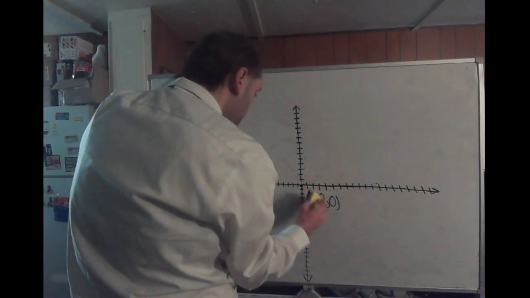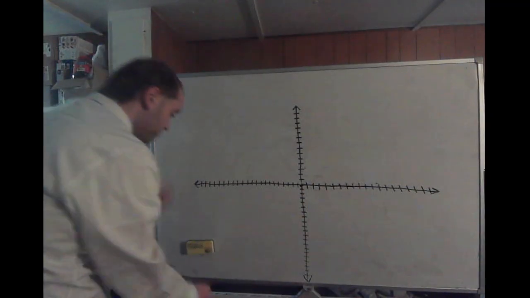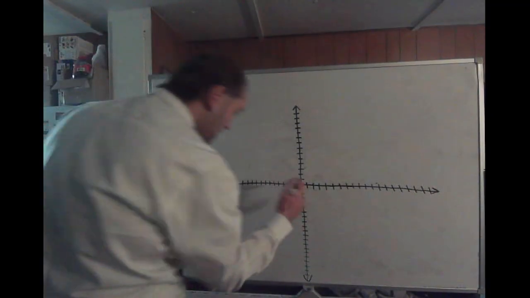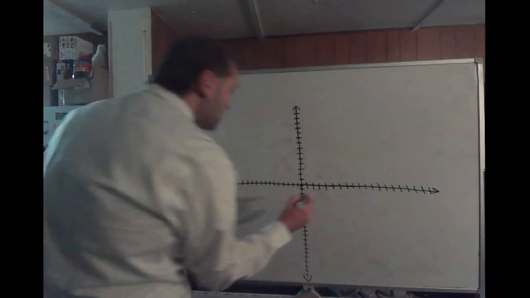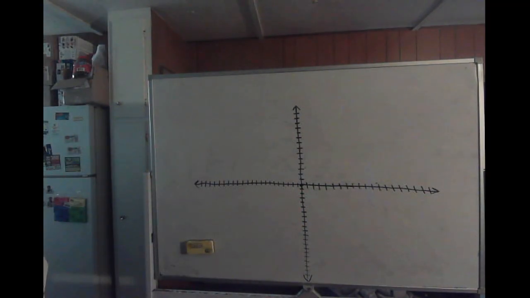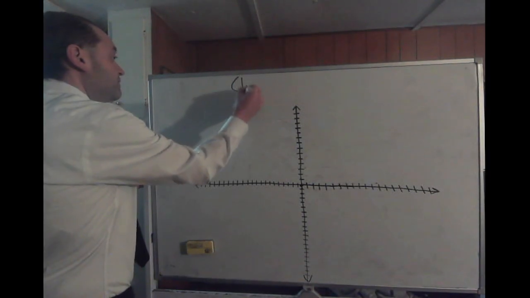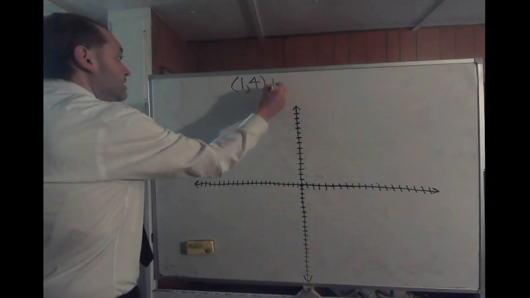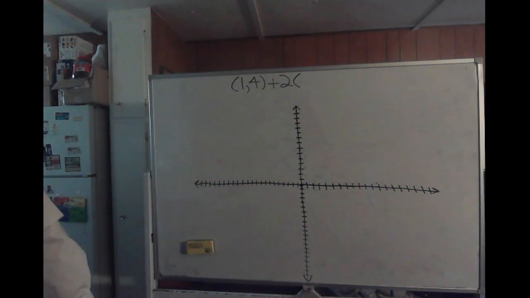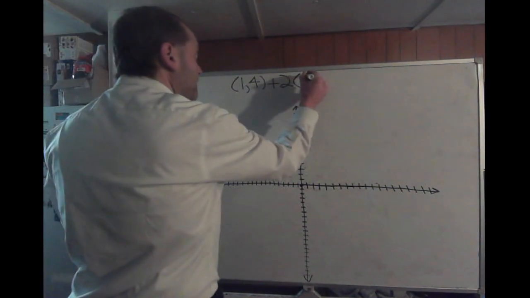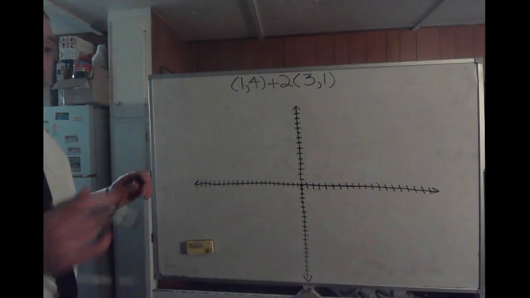So, how do you handle addition of vectors when there's scalar multiples involved? Well, let's demonstrate that here, okay? For example, we're going to add vector 1, 4 plus 2 times the vector 3, 1. So you can do scalar multiples with vector addition.